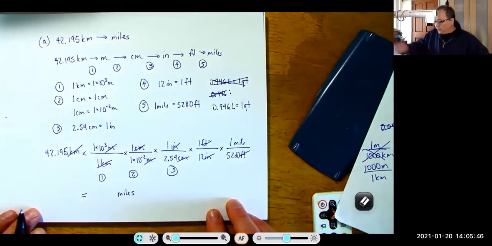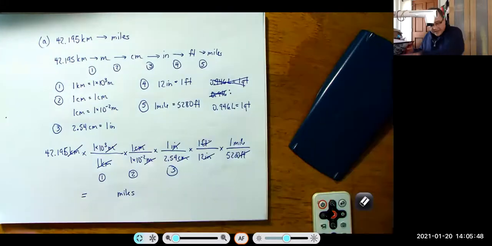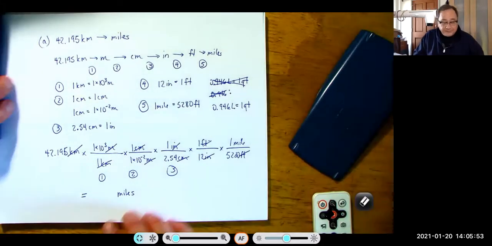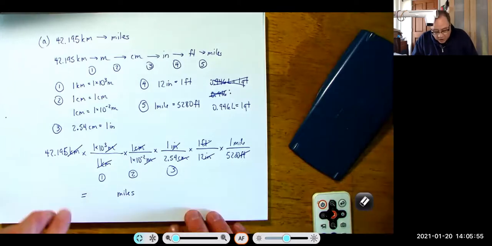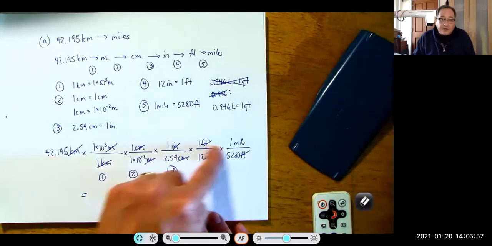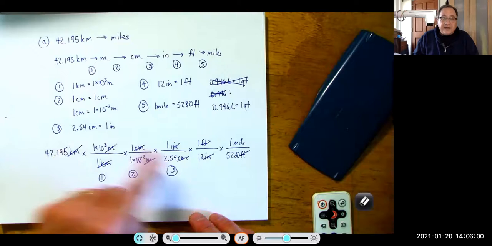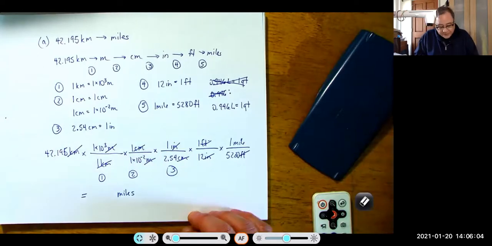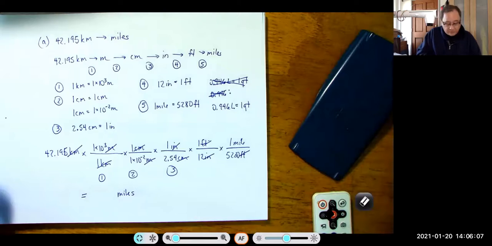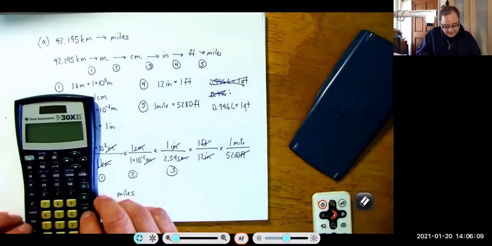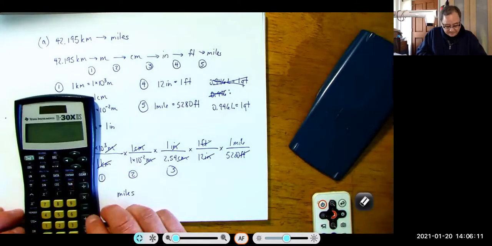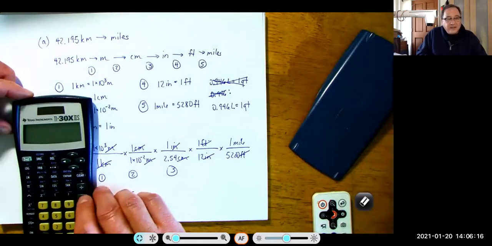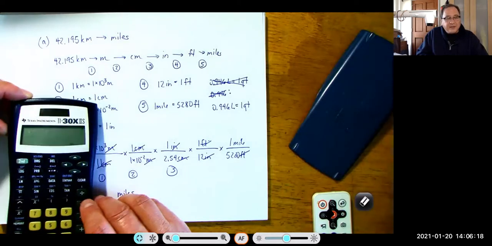So how do you put this into a calculator and not lose a whole lot of time? Here's what I do. I take all of the numbers in the numerator and I multiply them together. Then I take all of the numbers in the denominator and divide by them. So this is exactly what I do. I don't know if you can see my calculator. I'll try and tilt it so you can see it better.